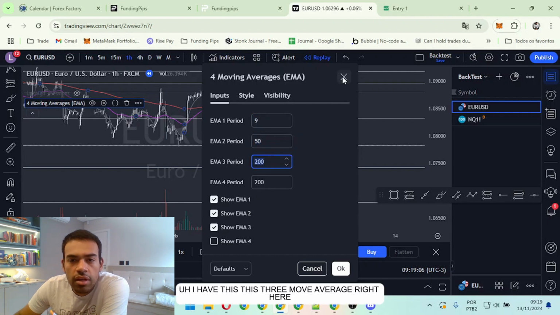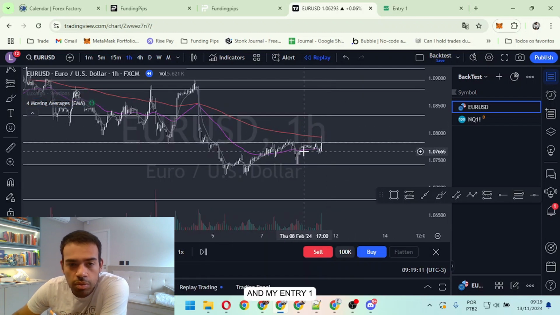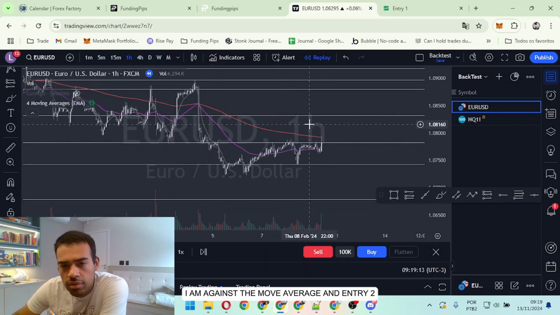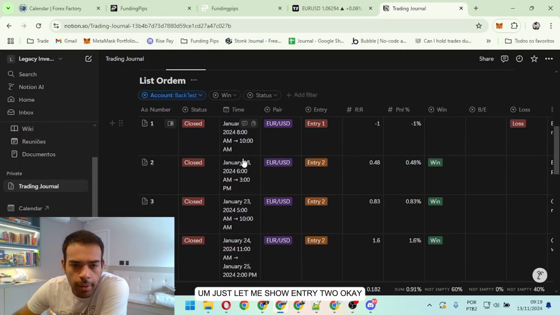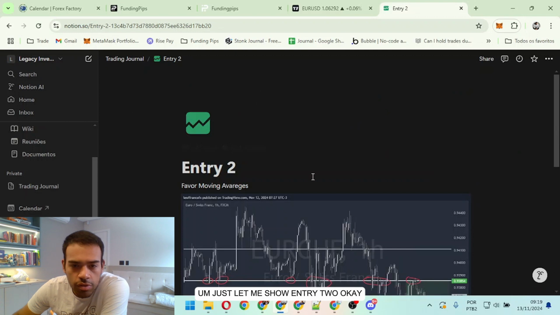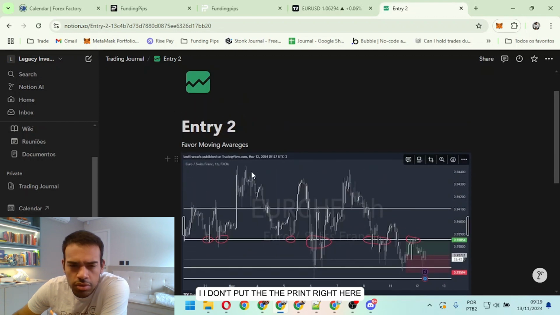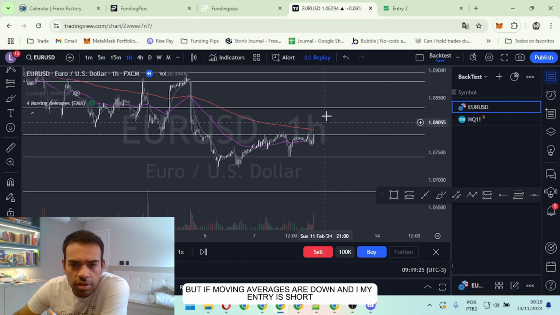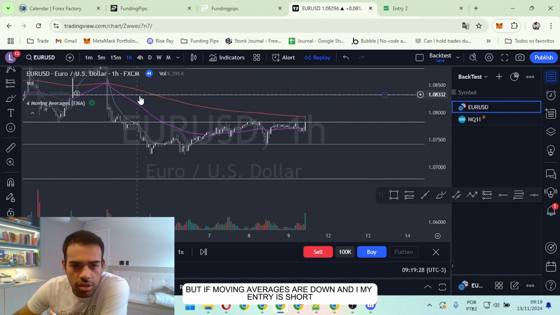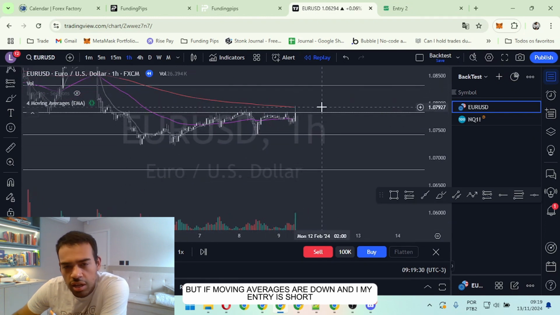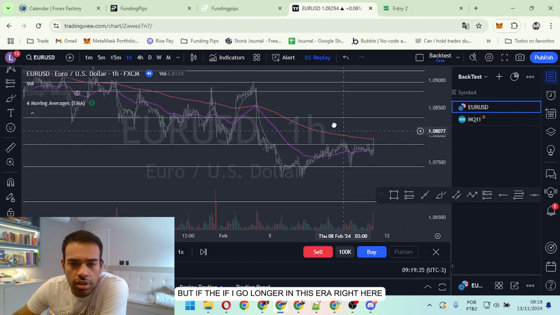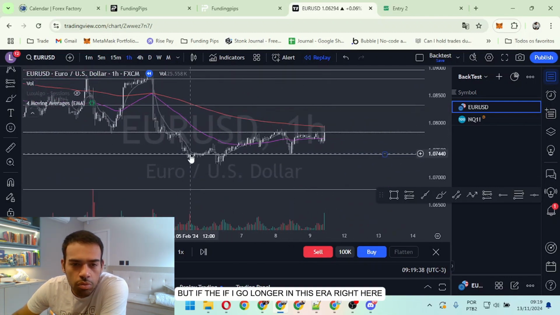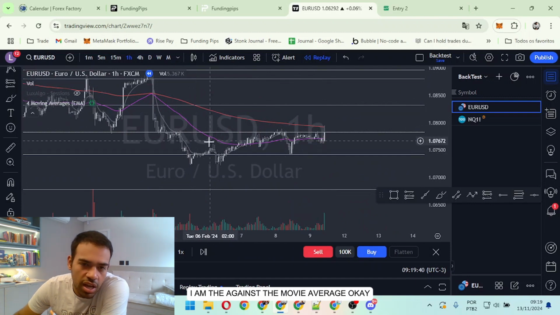I have these three moving averages right here, and in entry one I am against the moving average, and in entry two I am in favor of the moving average. Let me show entry two. I don't put the print right here, but if the moving averages are down and my entry is short, I am in favor of the moving average. But if I go long in this area right here, I am against the moving average.